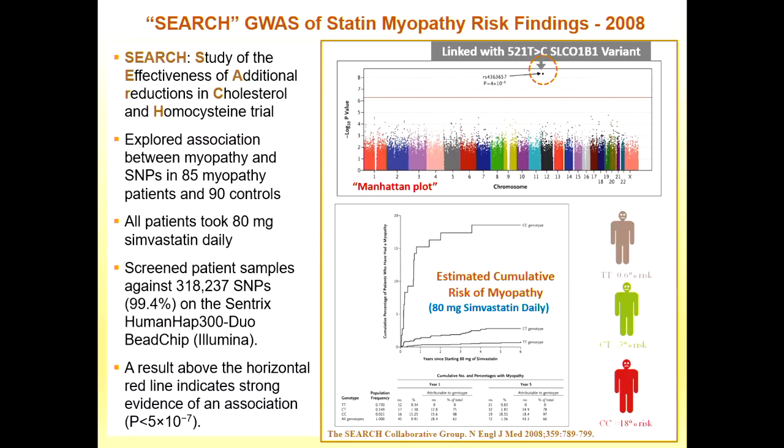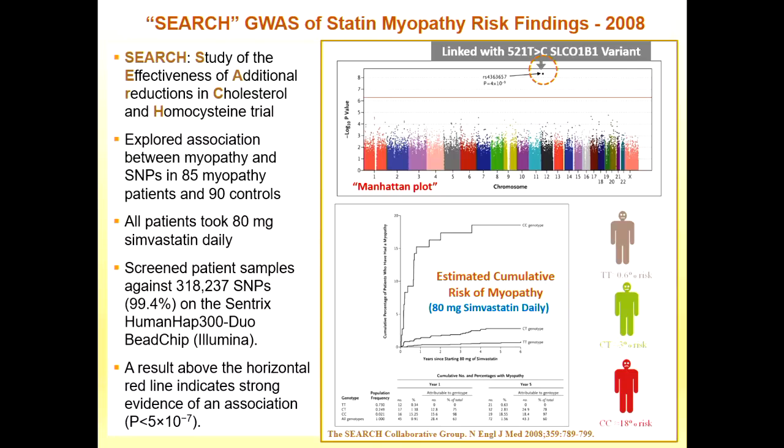So this is the SEARCH study, a study of the effectiveness of additional reductions in cholesterol and homocysteine trial, and they basically used genome-wide association studies. And this is called a Manhattan plot because you're looking at the frequency of different gene variants on all the different chromosomes in humans, and plotting them, and they look like a skyline from Manhattan.